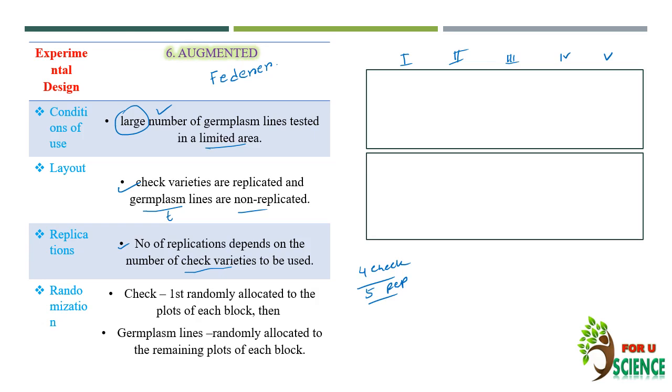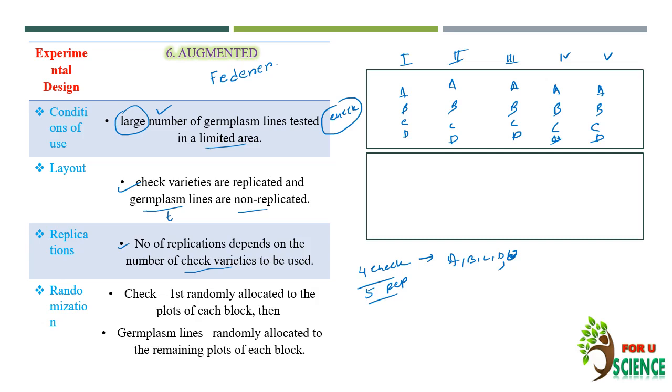We take 4 checks, A, B, C, D, and we replicate them: A, B, C, D, A, B, C, D, A, B, C, D, A, B, C, D.